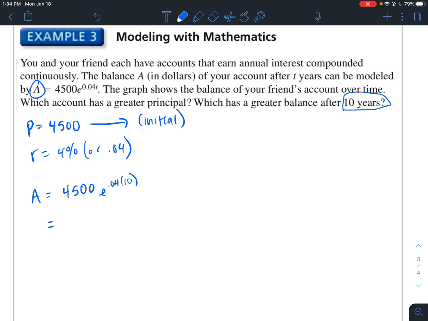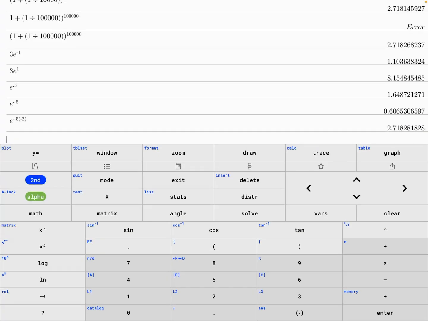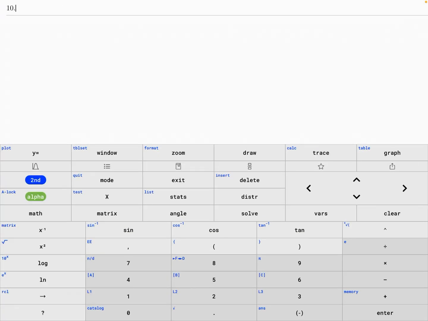Now, 10 times 0.04, you could just use 10 and move the decimal over a single spot, so that's 0.4. So I have 4,500 times E raised to the 0.4.